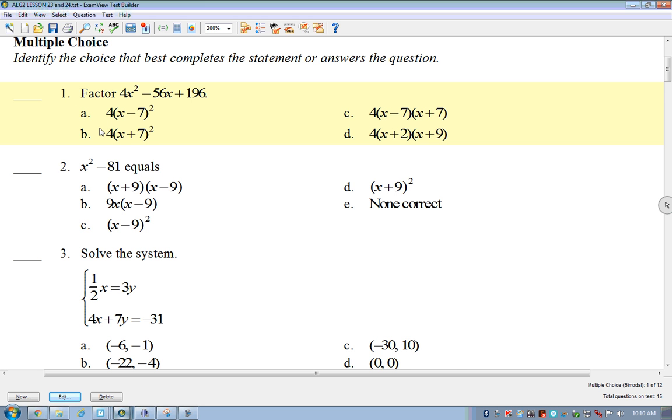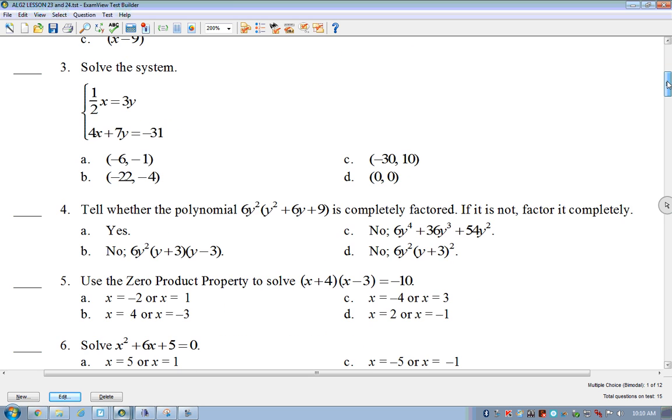All right, number 3, solve using elimination. The first thing that you would have to do to solve using elimination for this is get everything so that they're together.